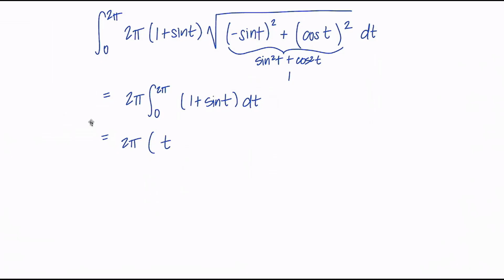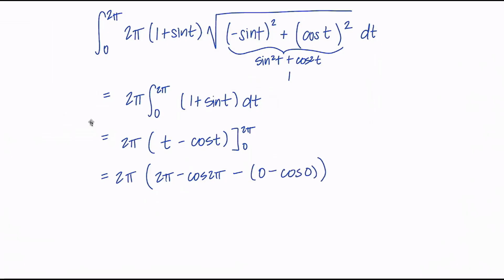The antiderivative of sine t is negative cosine t. And we're evaluating from 0 to 2 pi. So I'm going to keep the 2 pi on the outside, and then I'm going to substitute in 2 pi minus cosine of 2 pi, minus 0 minus cosine of 0. So I want to be careful and keep parentheses around this quantity here.